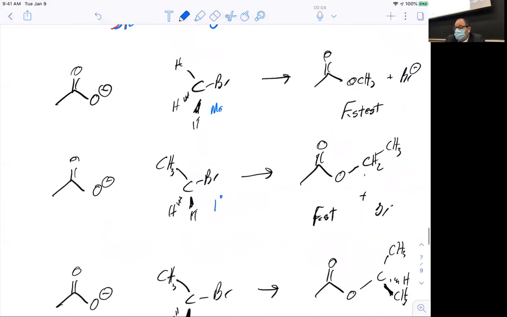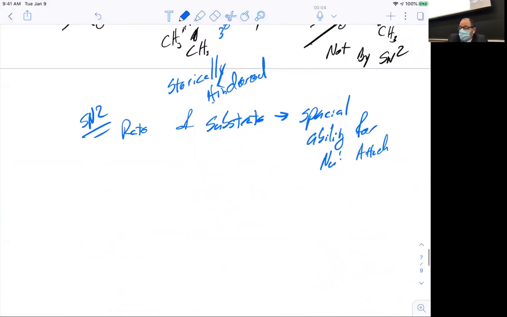So in the methyl case, right, we don't have much impacting. Let me redraw this. That orbital, right? So therefore, we get backside attack pretty easily.